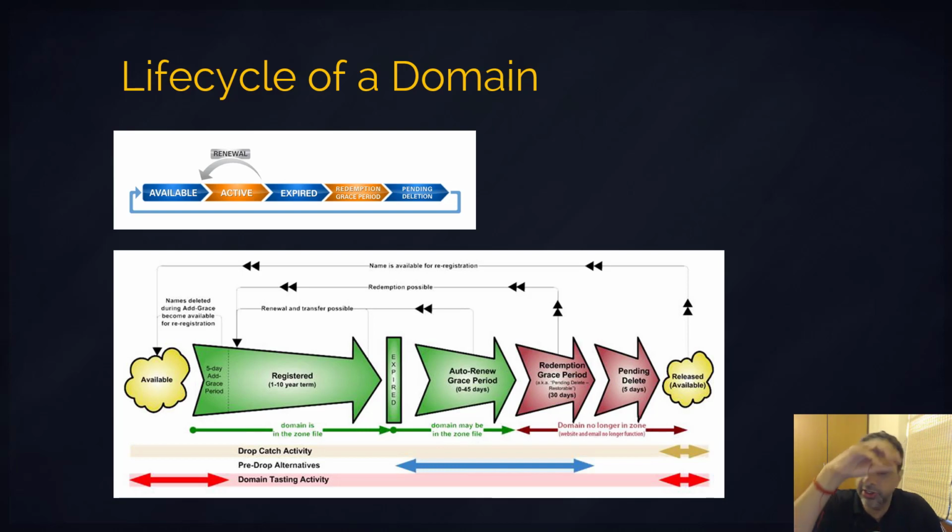The central registry is the one that controls everything, and it gives the authority to different registrars like GoDaddy and Namecheap and all these registrars all over the world to accept domain name registrations. When you go in there and look for a domain, if you're registering a new domain, it just checks against the central database to see if the domain name is taken, and that's how it works.